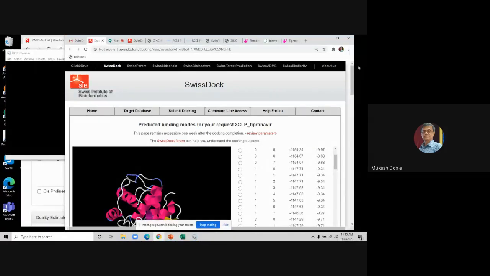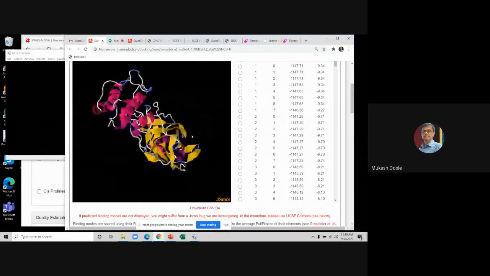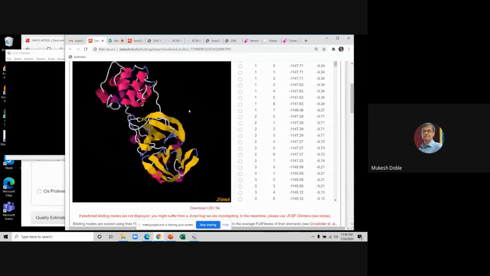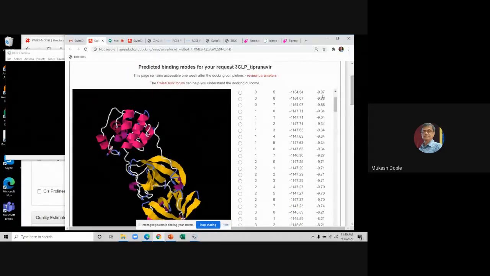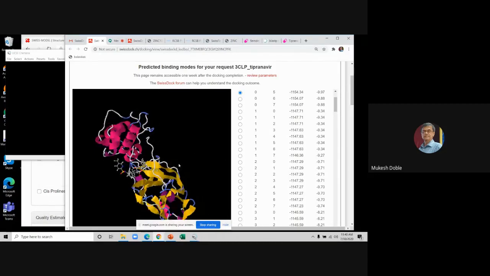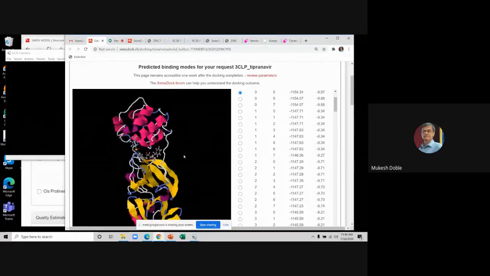Okay. So this is the protein. Okay, protease 3CL protease of SARS, and this is your ligand tryptophan. You can see here ligand tryptophan. It's a bigger molecule. Sulfur is there, sulfur dioxide is there, so it gives you a lot of energy values, -9 point something, -8 point something.